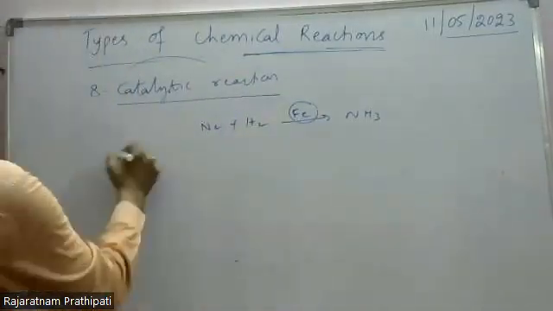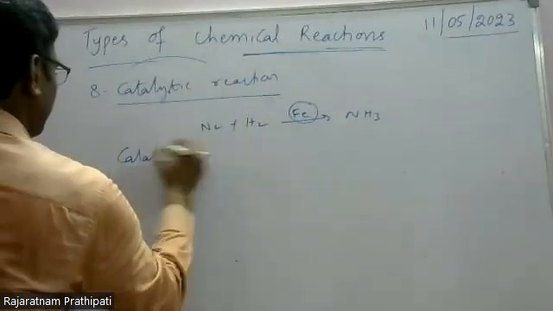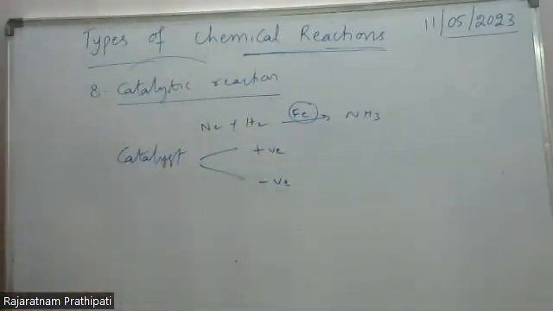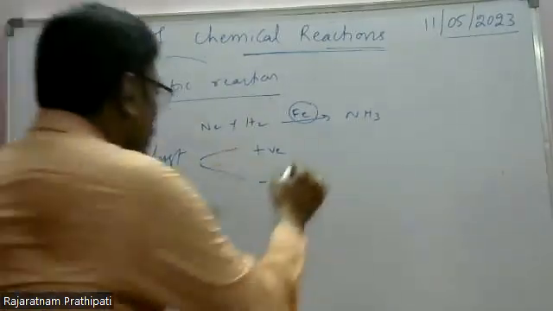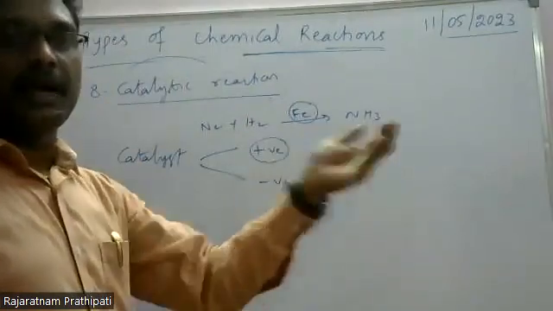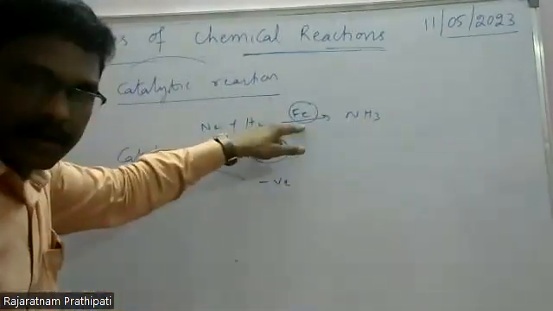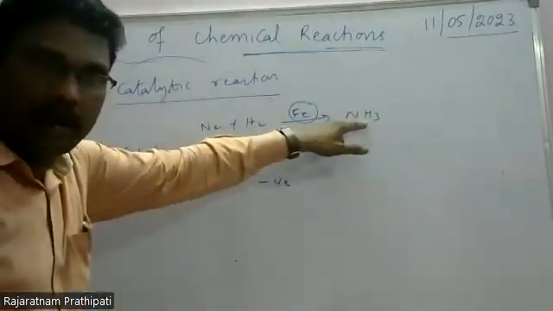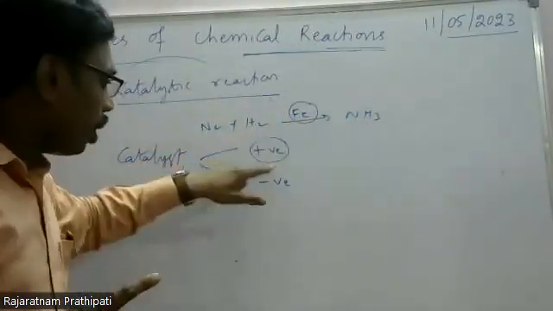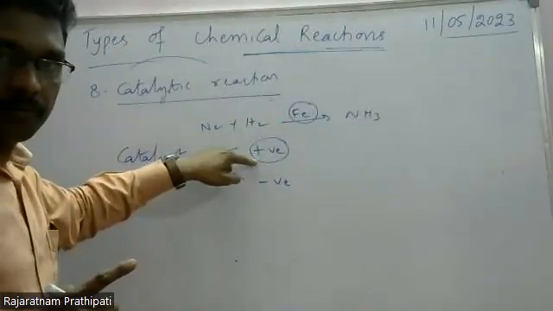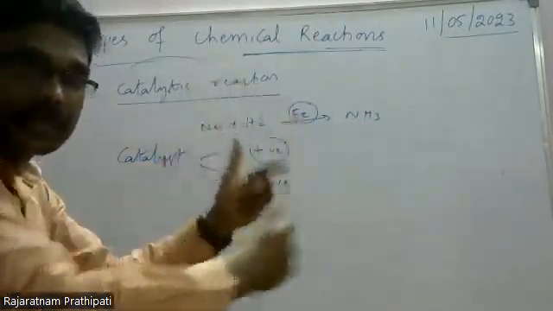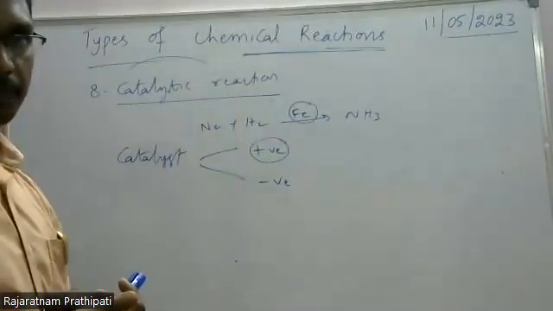That's why catalysts are of two categories: a positive catalyst and a negative catalyst. A positive catalyst increases the rate of reaction. For example, in the Haber process, iron acts as a positive catalyst. That means it speeds up the reaction.